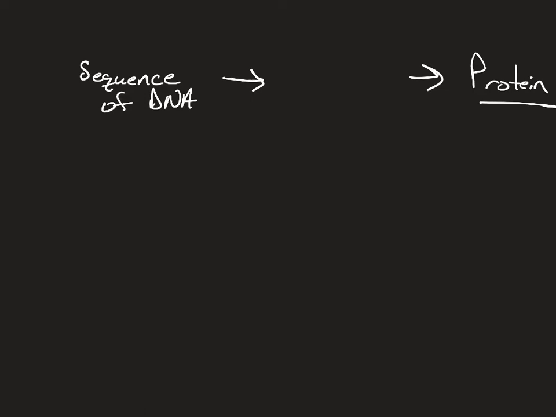It could be a hormone that helps sugar get out of the blood. It could be a hormone that makes you grow tall. It could be an enzyme that helps you make a pigment in your skin, it makes you darker.